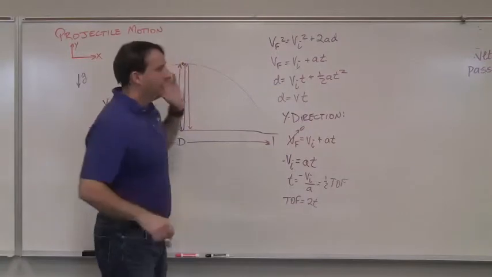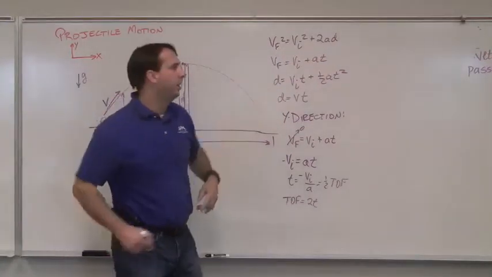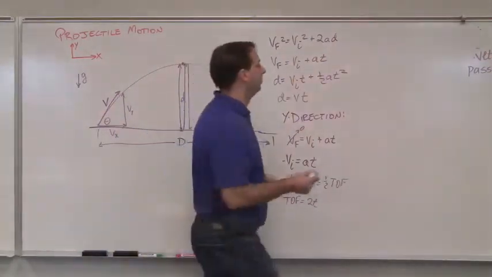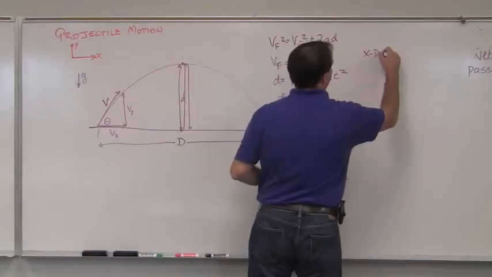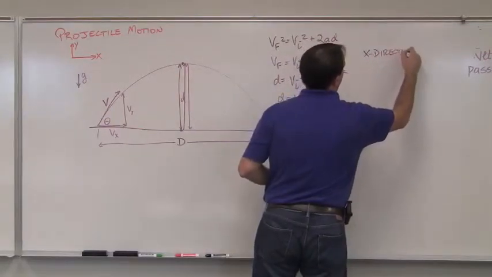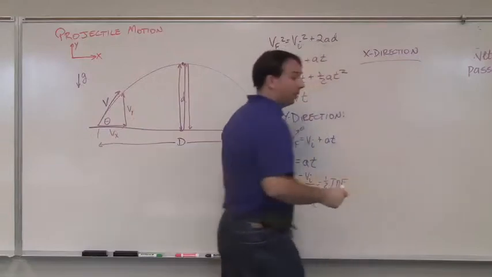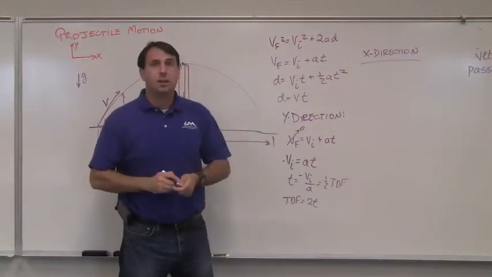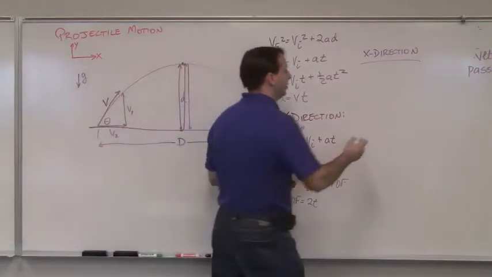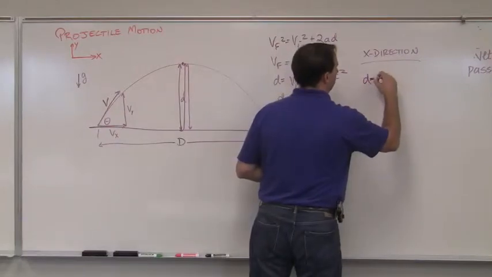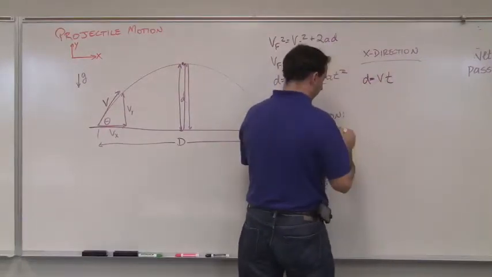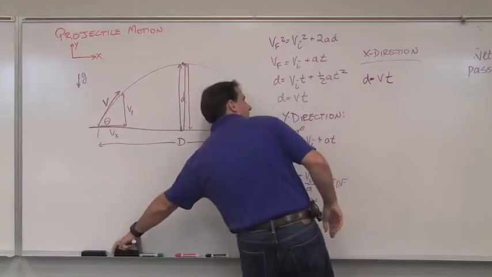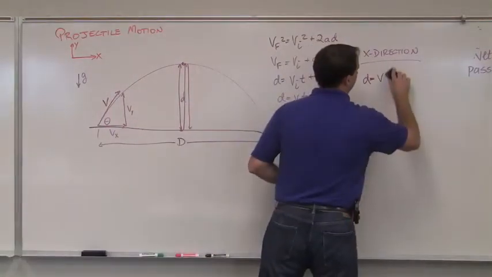And so how far downstream did it go while it was in the air? Downstream is the x direction. X direction's easy because the velocity is constant in the x direction. So it's just distance equals velocity times time. And in our case, we're going to change that to time of flight because I'm using different variables here.